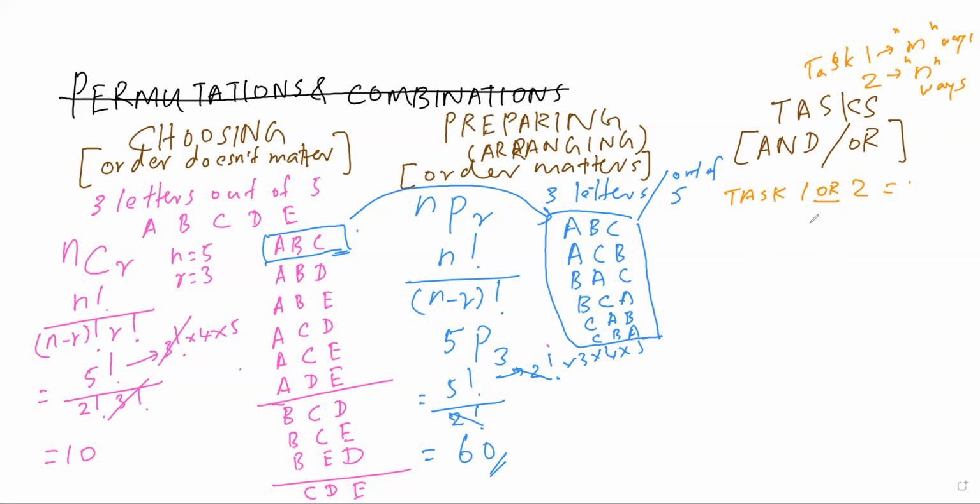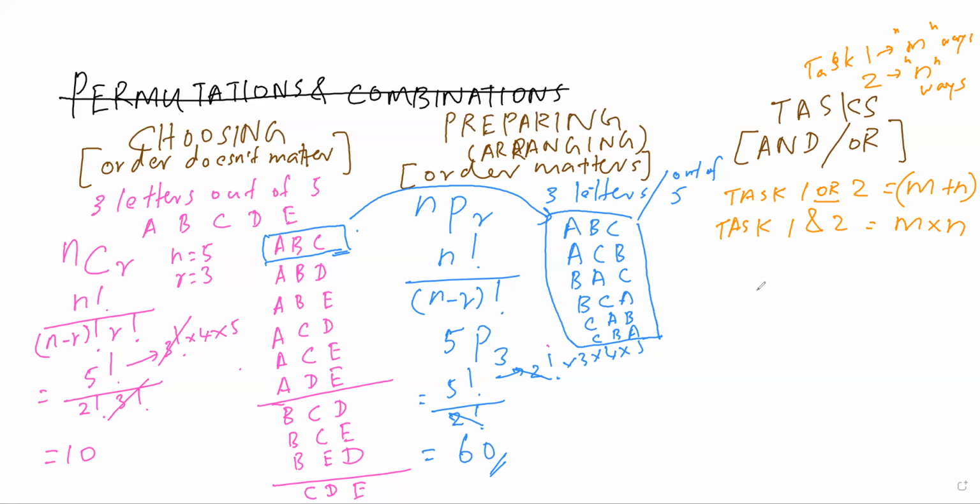So the number of ways of doing task 1 or 2 is m plus n, okay? And the number of ways of doing task 1 and 2 is m multiplied by n, okay? Let's look at an example.